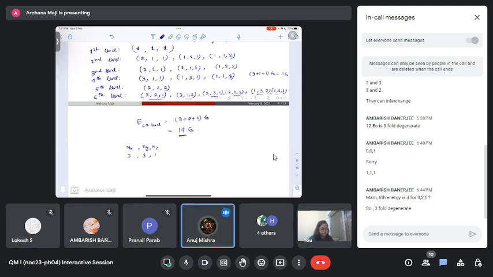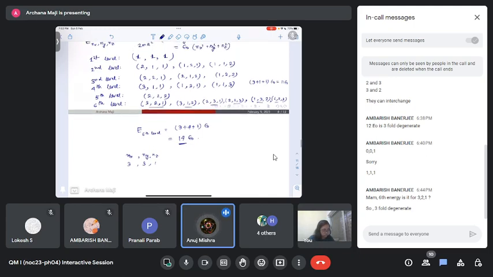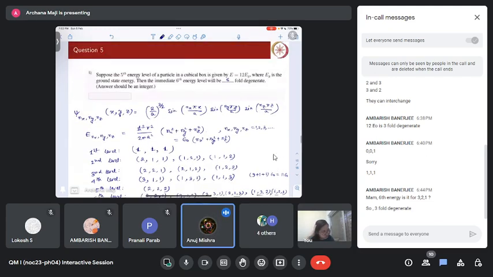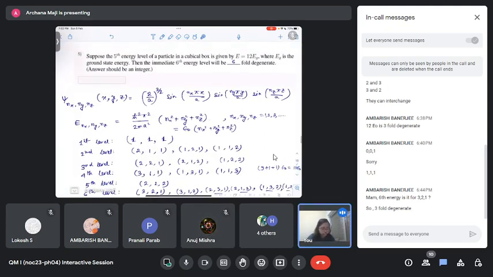Okay, so just like there is 14 epsilon 0, we should go till 12 epsilon 0 now, right? Because it is given ground energy of 12 epsilon 0. Sorry, E is given 12 E. No, okay, so let's read the question again. It says, suppose the fifth energy level of a particle in a cubical box is given by 12 epsilon 0.